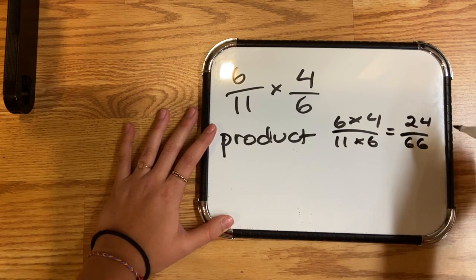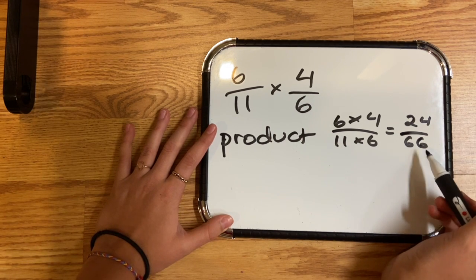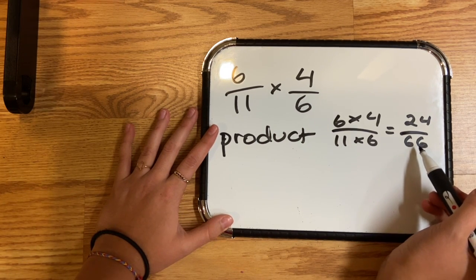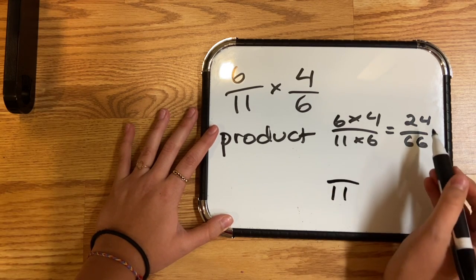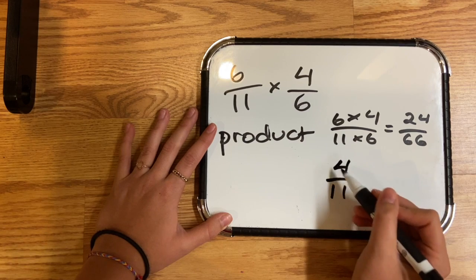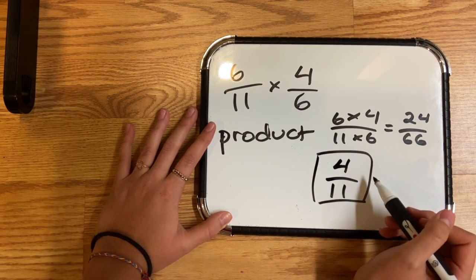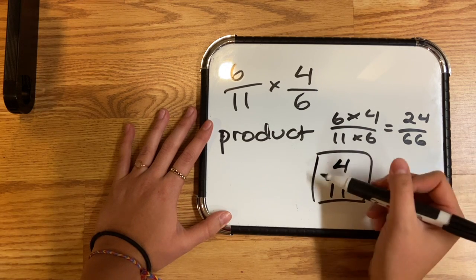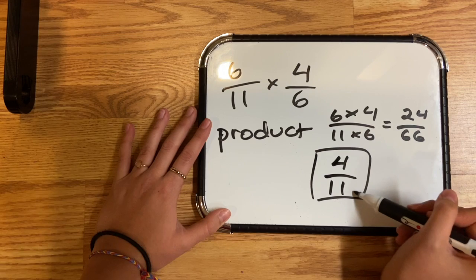And now, hey, we have to simplify that. So we can say, oh, well, those are both divisible by 6. We know that because 66 divided by 6 is 11, and 24 divided by 6 is 4. Awesome, that's our answer. And it can't be simplified because this is the lowest possible fraction, because 4 and 11 don't have any common factors.